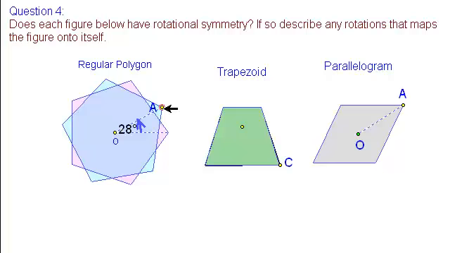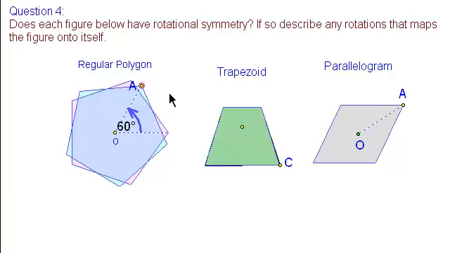Like in this case, we can see so far it is 30-40 degrees, and let me move it. If I move this pentagon, you can see here, when it is exactly 72 degrees, it maps the pentagon.